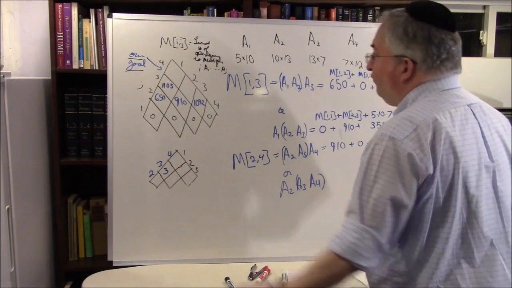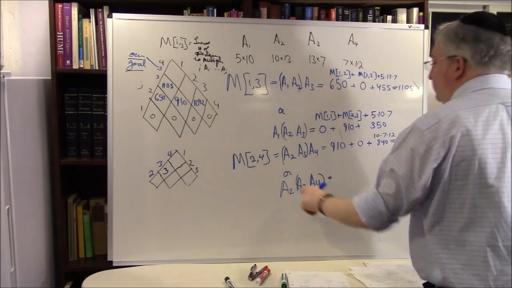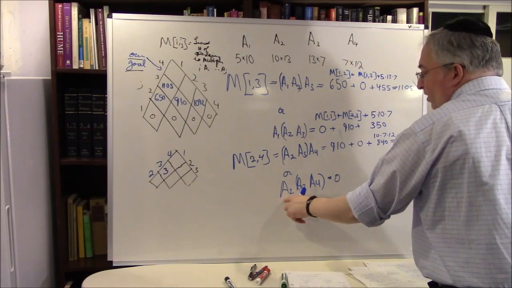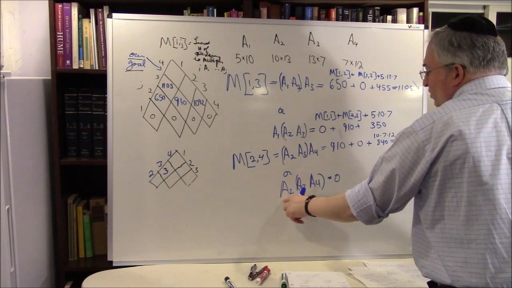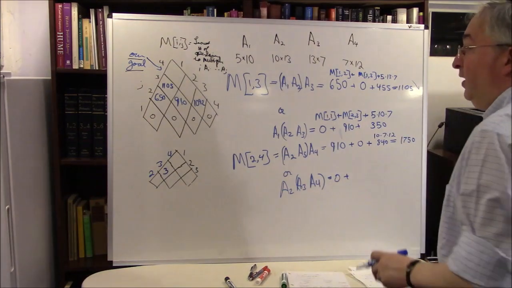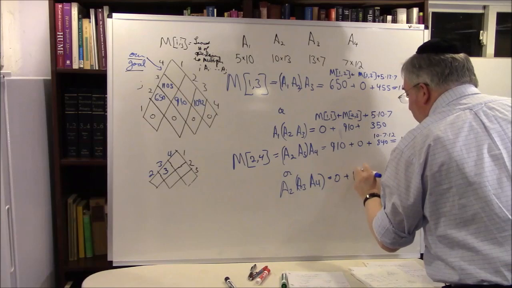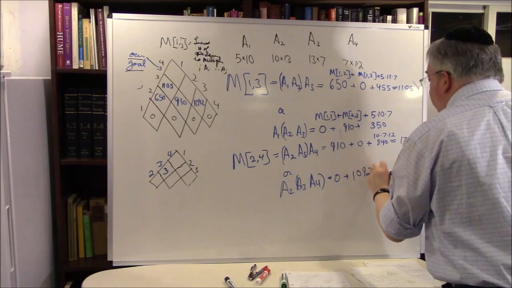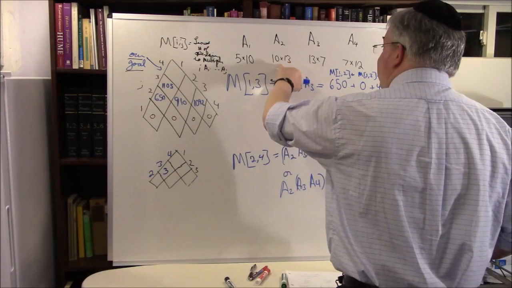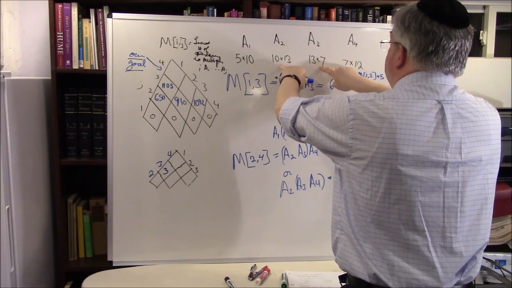Okay, let's do this a little bit quickly. You have a 3 by 4. 3, 4 is 1092. I'm sorry, so let's do this. This is 0. To multiply A2 by itself, you're not multiplying it, you're just leaving it itself, so that's 0. Plus A3A4. A3A4, we know what A3A4 is. That's 1092. Okay, plus, let's see what we have here. You have A2, which is a 10 by 13. And A3A4 is a 13 by 12.